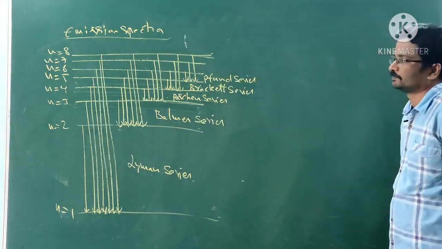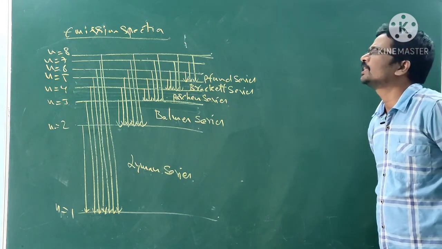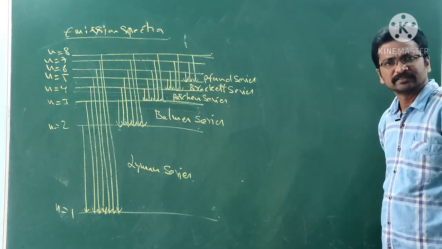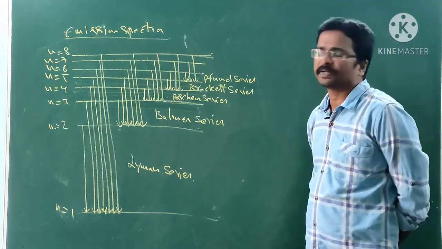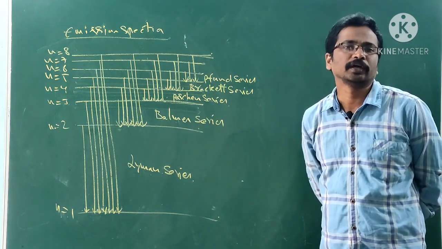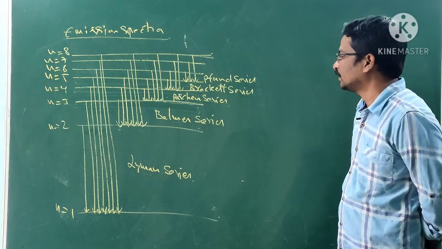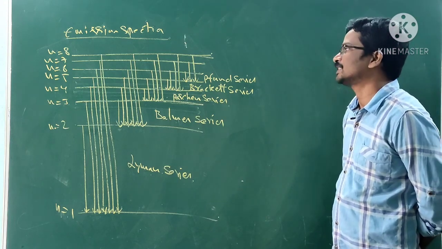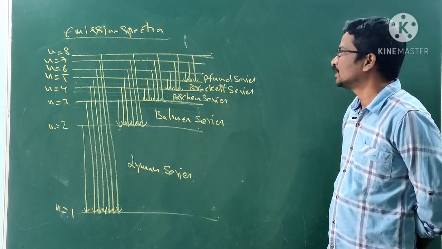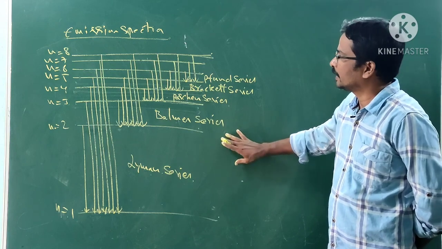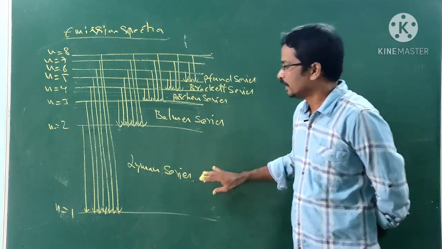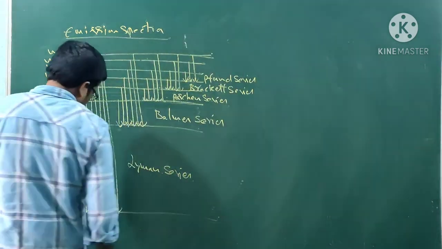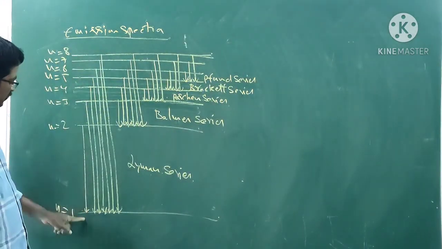Emission spectra. Sir, what about the absorption spectra? Did you write the absorption spectra for this hydrogen atom? You may write it easily. Same, just reverse it. Reverse this one and you can get the absorption spectra. When the electron goes to absorb, it goes from n1 to n2, reversed.